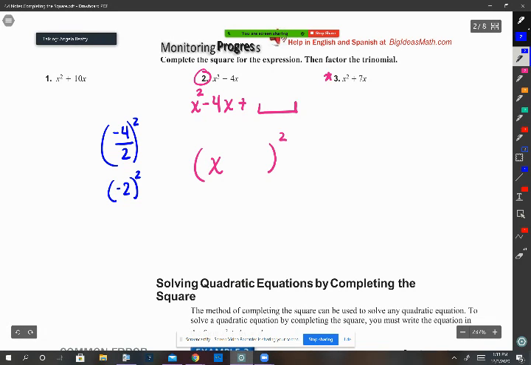Good. And when we square it, we get +4. We're always going to get a positive number, right? Because a negative times a negative is always a positive. And then what's going to go inside parentheses? Good. That -2. Okay? Always.